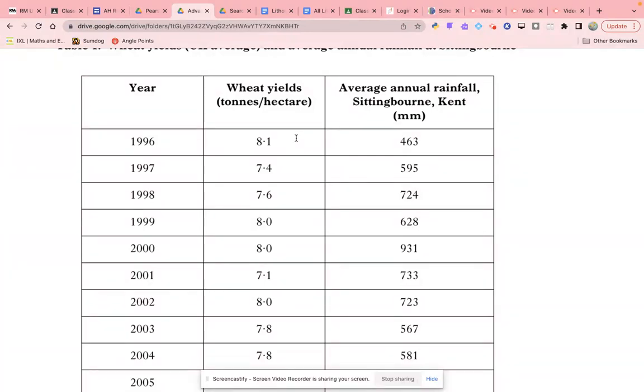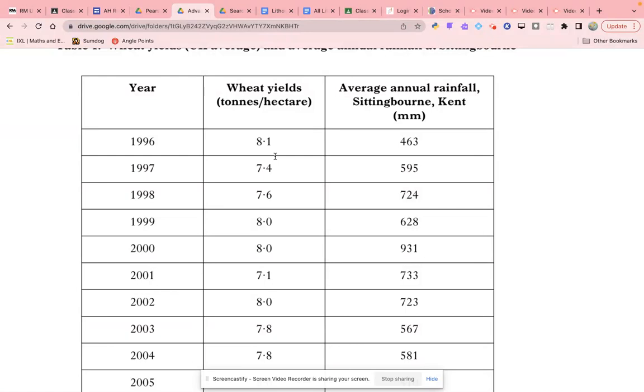We might say that actually the inputs that farmers are using, like chemical fertilizer, have been varying across the years, and that might be the main thing influencing the changes in wheat yield. We might suspect that they've maybe changed the drainage, or that there are geological variations that are maybe explaining these variations.